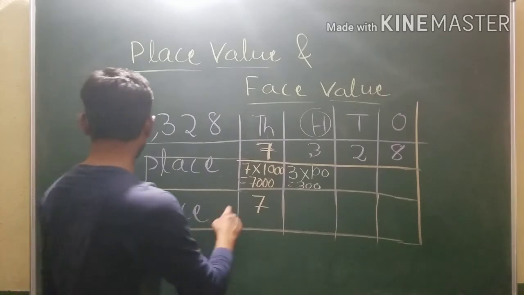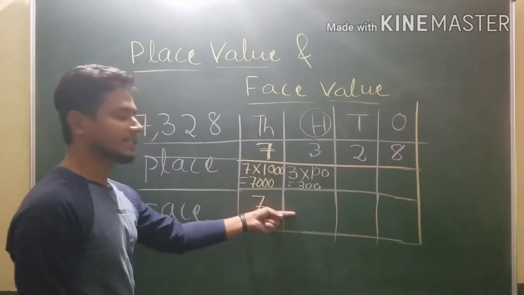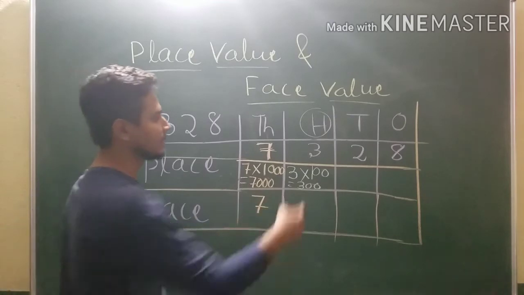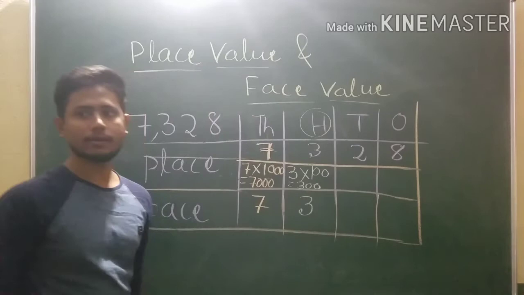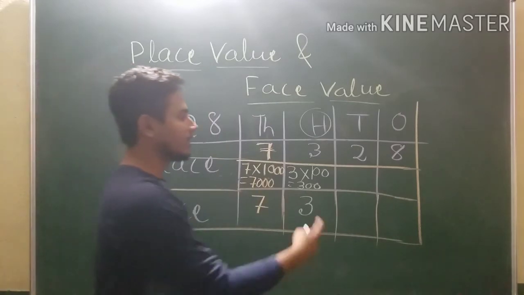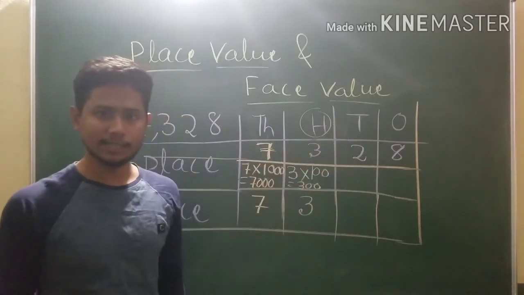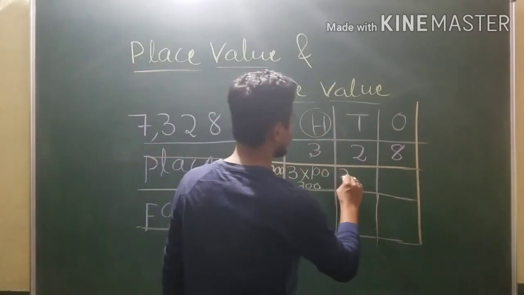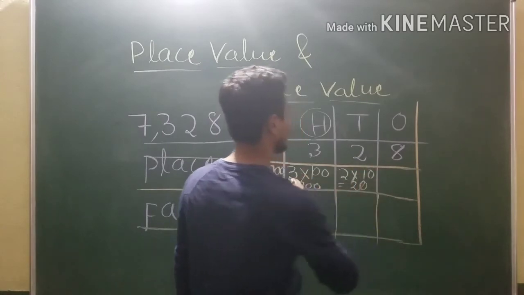Then the face value. What do we mean by face value? It remains exactly the same, so the face value of 3 is 3. Alright. Now move to the next digit, 2. Find it now in your notebook. 2 is present in the tens place. So first we write 2, then I multiply with 10, then I got 20.